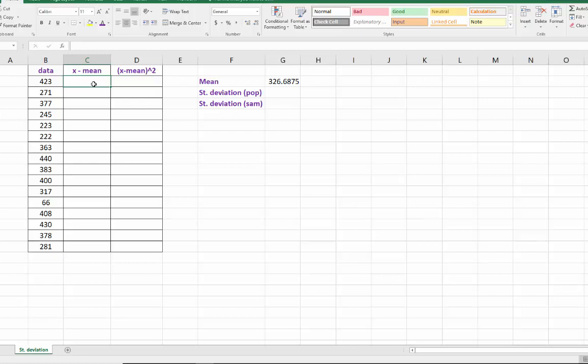So his or her observation is higher than the mean by a little bit under 100. If I were to do 423 minus this value right here, I get 96.3. So this value is higher by roughly 96 text messages.